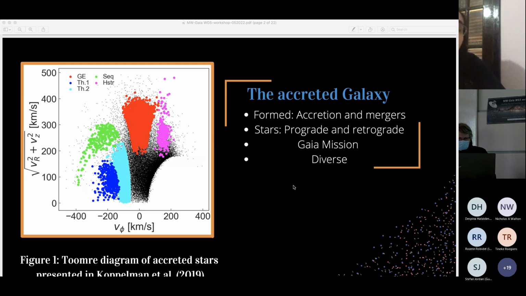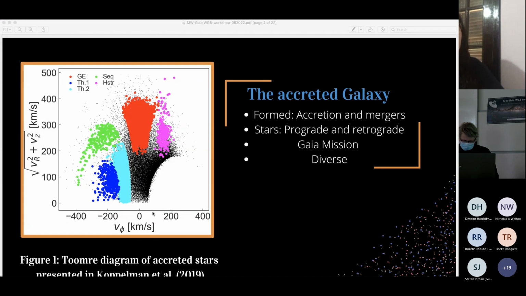Even though we have had evidence for many years that the Milky Way has different building blocks, now with the Gaia mission it was possible to recover information about these building blocks and to define different accreted galaxies. What the Gaia mission helped us understand is how diverse the Milky Way is.